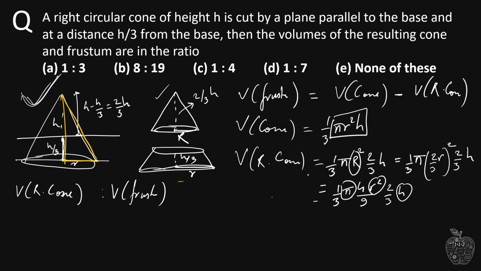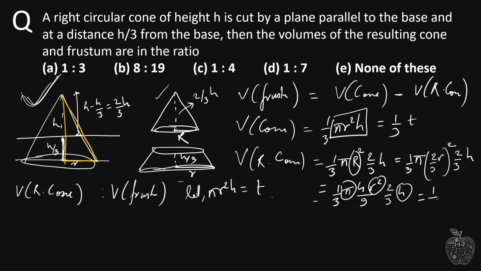Instead of making this too complicated, let pi r square h be t. This will make our job a little easier. So the volume of the cone is 1 by 3 t.